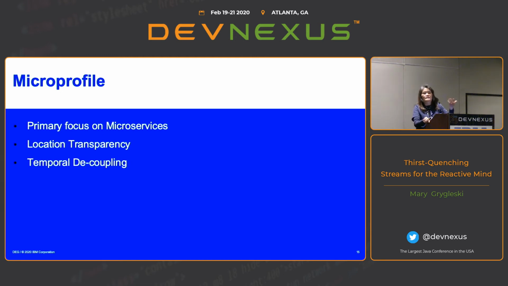So you basically use names to identify all of them, and it has a mechanism for you to name your different components, and it takes care of all the underlying complexity on the network layer for you. So the location transparency part is pretty good in MicroProfile, and it also has this concept of temporal decoupling.